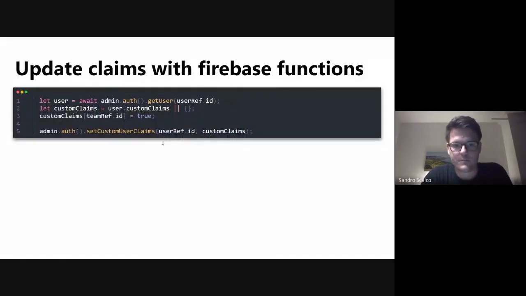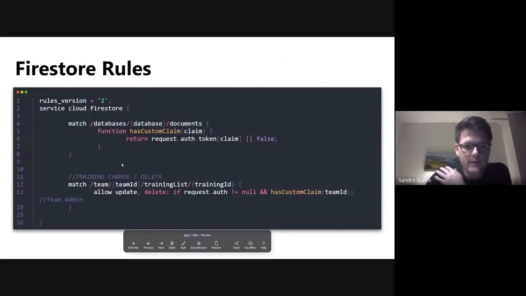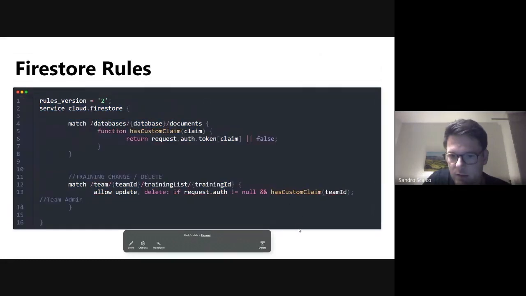So with this, I can add custom claims to the user, and then in the backend, if, for example, I update or delete a workout, I have this Firebase function that gets triggered, and here I can add a custom method where I can submit the team ID as a parameter.